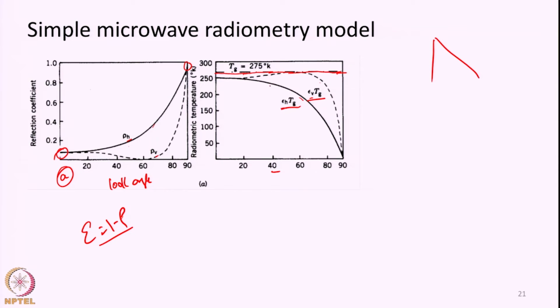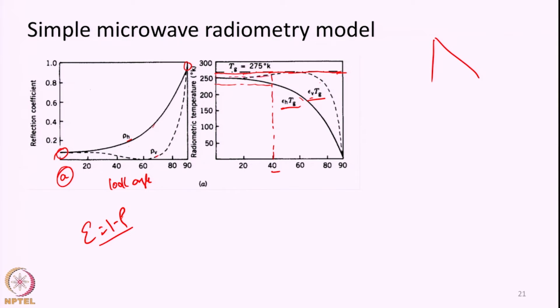Say for example, we take a 40-degree angle. At 40 degrees with horizontal polarization, the brightness temperature is roughly 240-245 Kelvin, whereas in vertical polarization it is about 250 or 255 Kelvin.